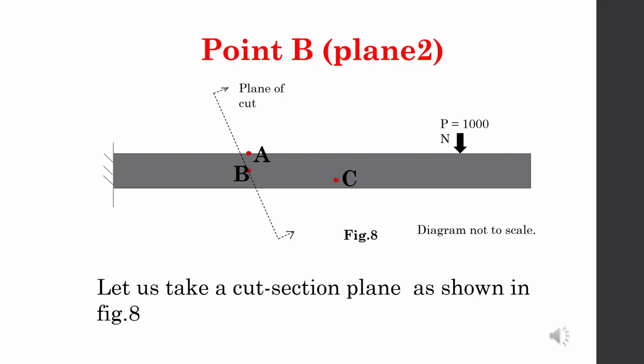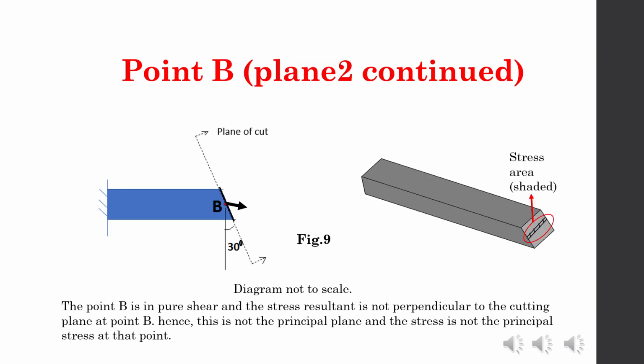Now that we have seen that the vertical plane is not the principal plane for point B, we will take a plane inclined at 30 degrees to the vertical and see if this is the principal plane for point B. So we can see from the figure on the screen, the stress resultant shown by the black arrow is not perpendicular to the plane of cut. So this 30-degree plane is also not the principal plane for point B.